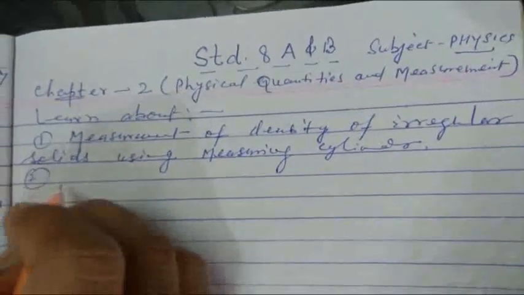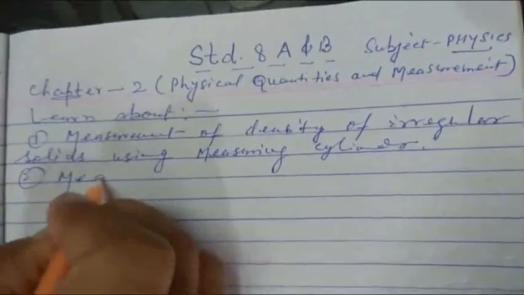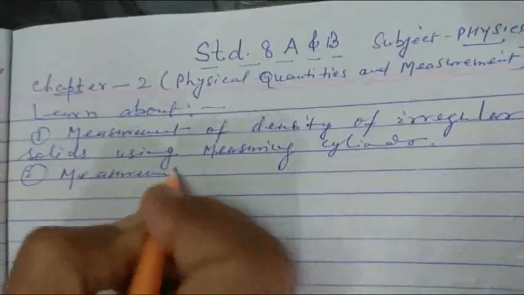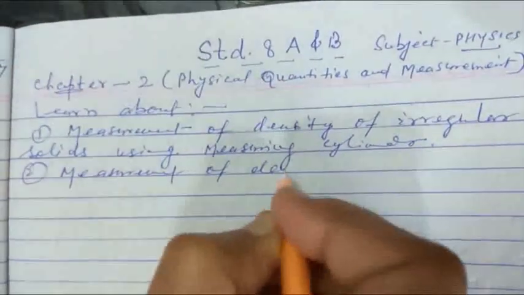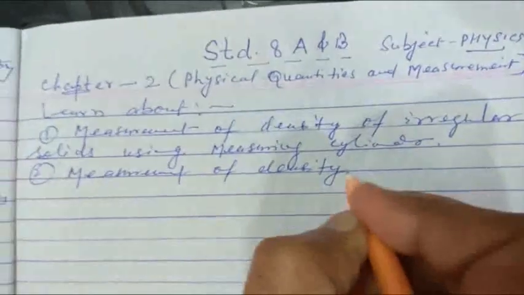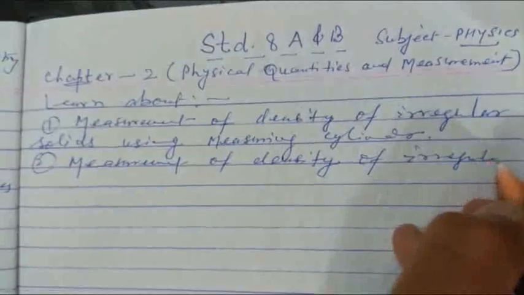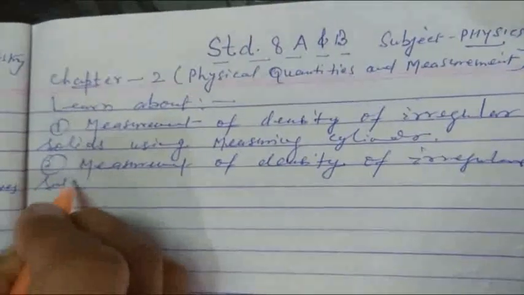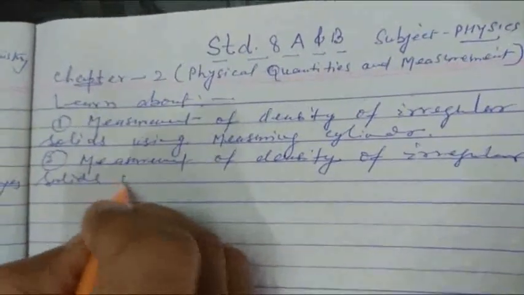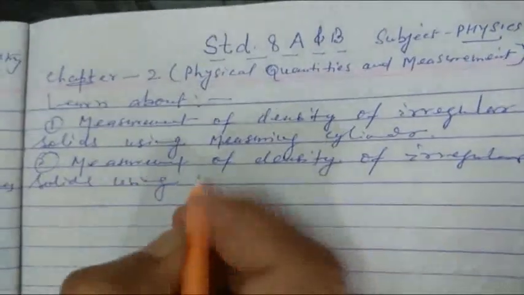Next, number 2, measurement of density of irregular solid using Eureka can.